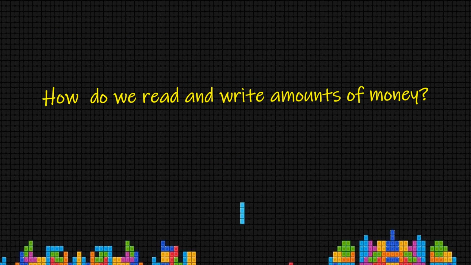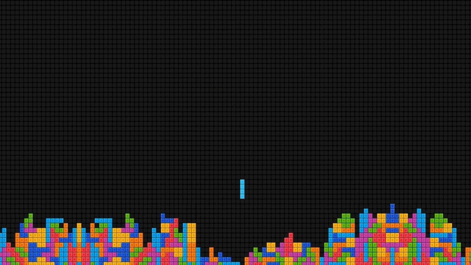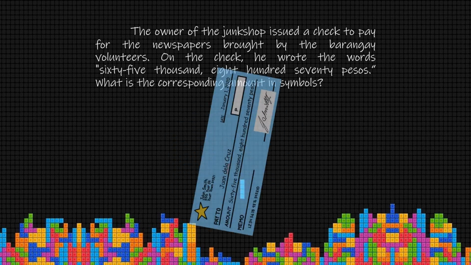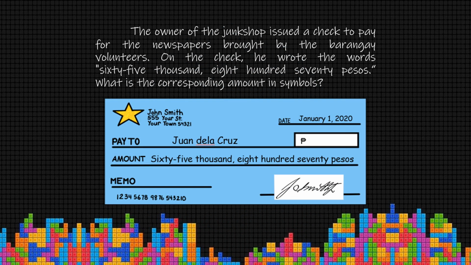Now let us learn how to read and write amounts of money. Let us try to solve the problem. The owner of the junk shop issued a check to pay for the newspapers brought by the barangay volunteers. On the check, he wrote the words 65,870 pesos.